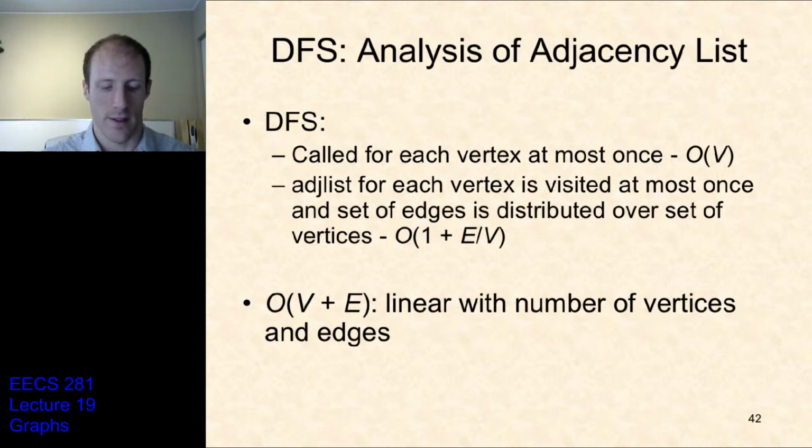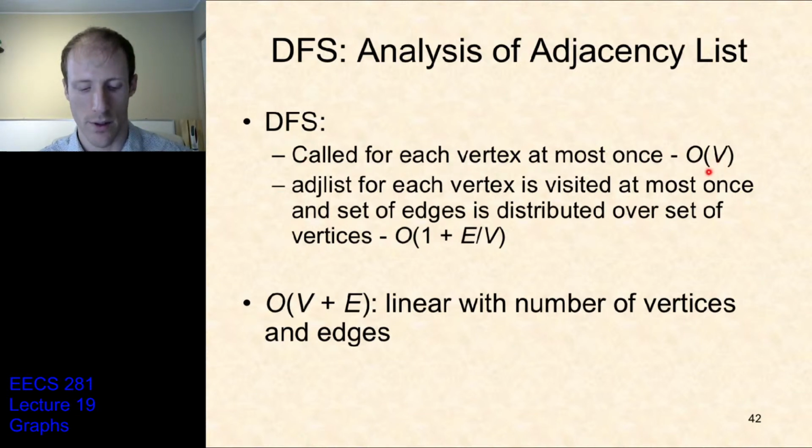So what is the complexity of our depth first search algorithm with an adjacency list representation? Well, the main thing we need to do in depth first search is to get the neighbors of the current node, right? In order to do that, we're going to need to get the adjacency list for that node. And that is going to happen once per vertex.